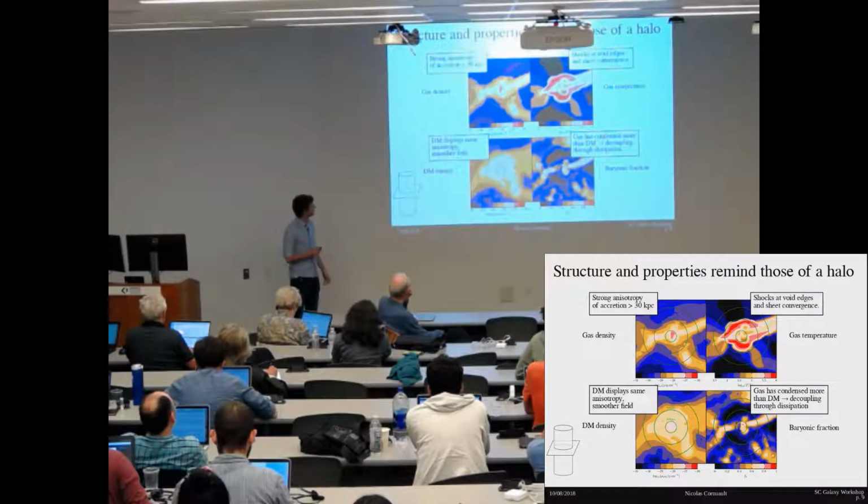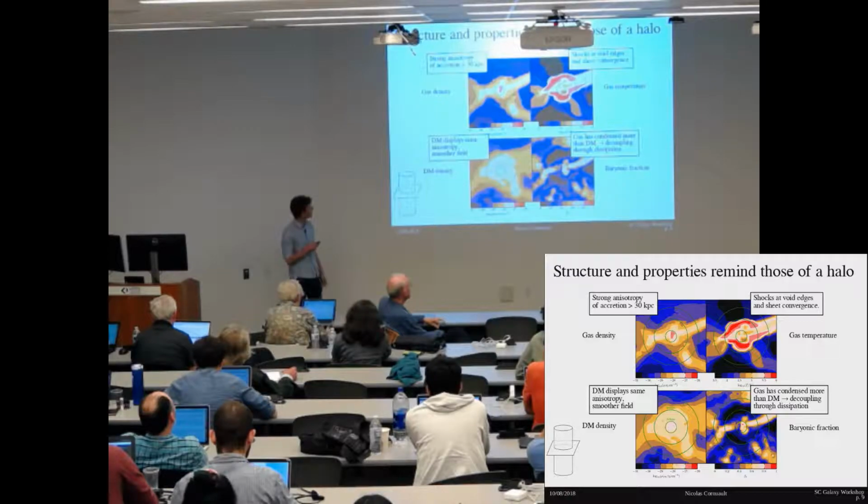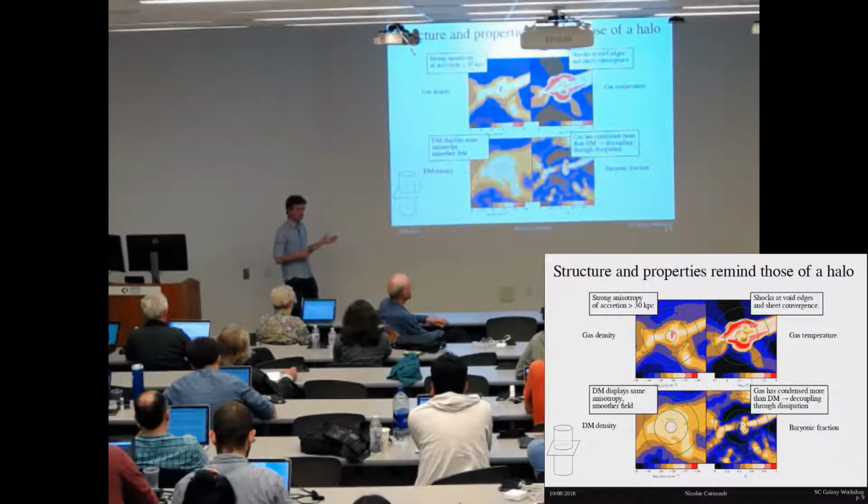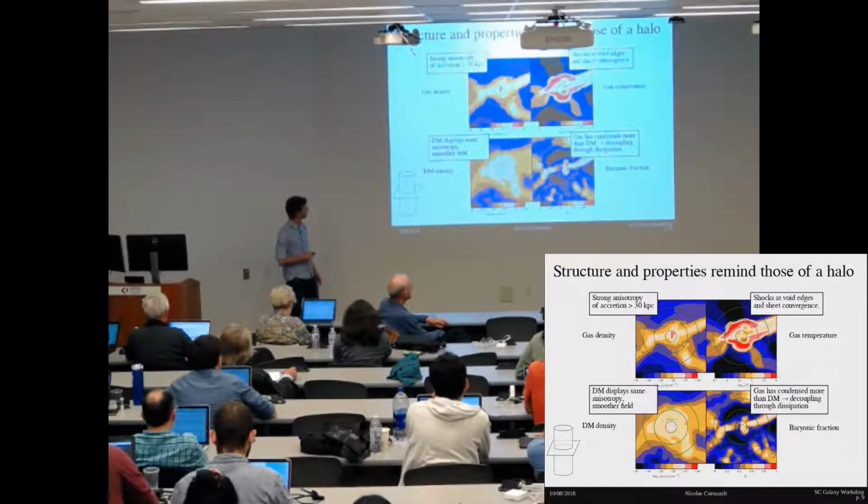You first see that it's strongly anisotropic. So the smallest circle is at 30 kiloparsecs. The second one is at 90, and so on. So just to give you a scale. You see that there's a strong anisotropy. It looks like a halo with filaments connected to it, but no, those are sheets, in fact, connected to it. And here it's a companion filament.